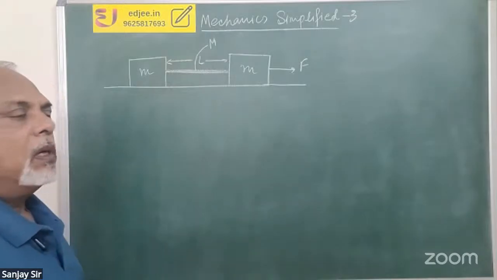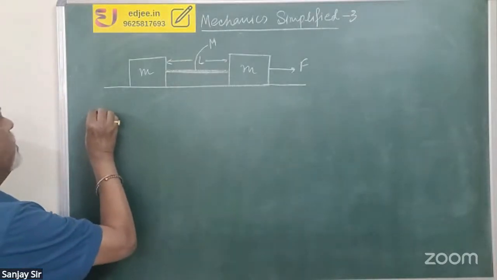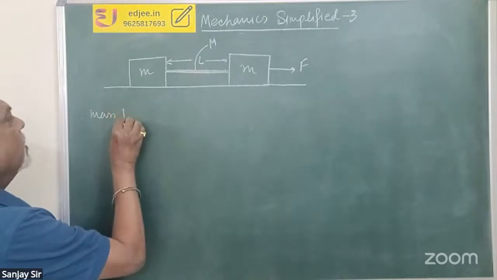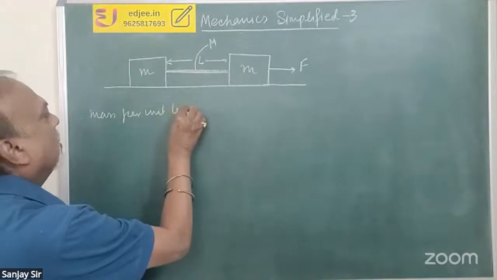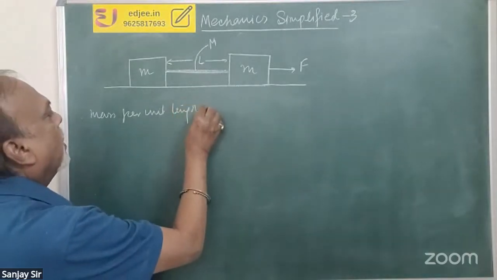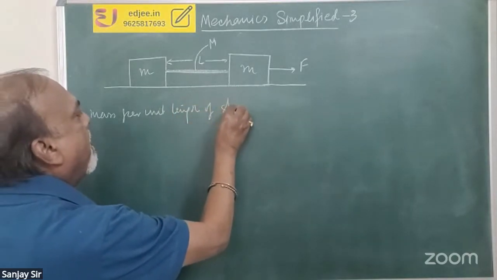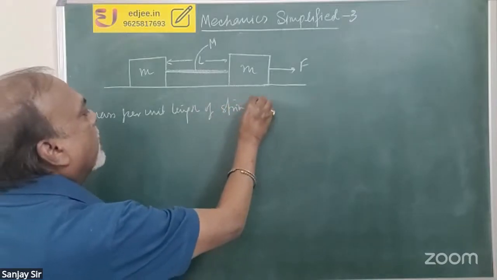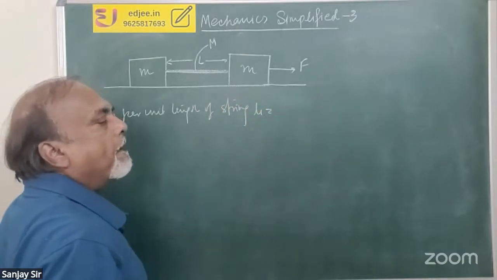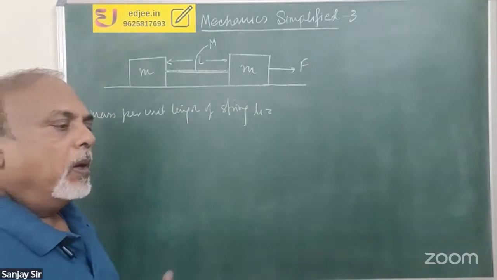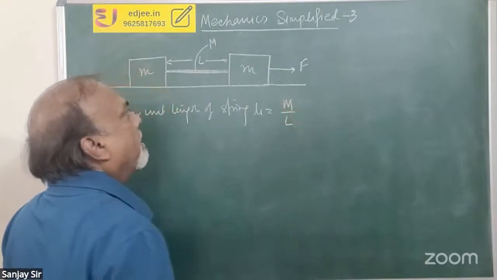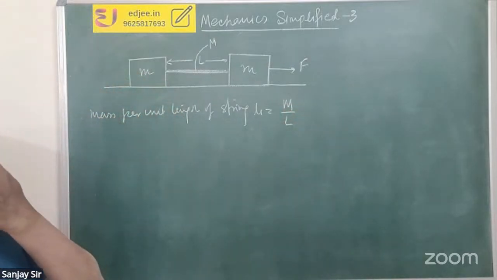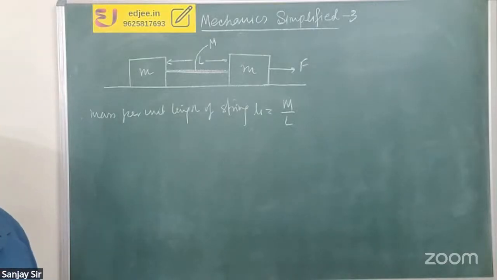That means the mass per unit length of string, suppose this is mu, this will be M by L, correct.